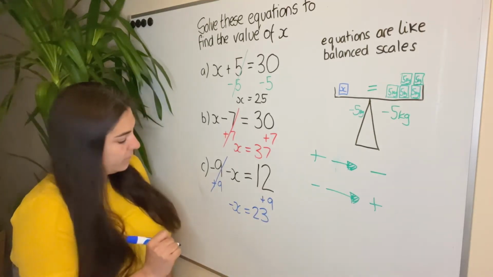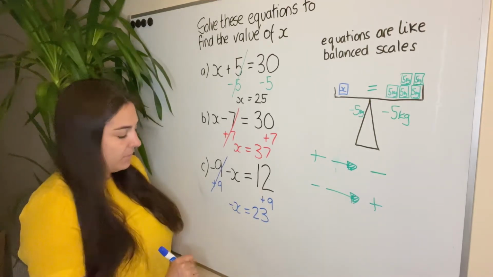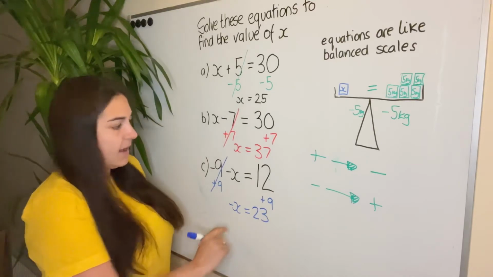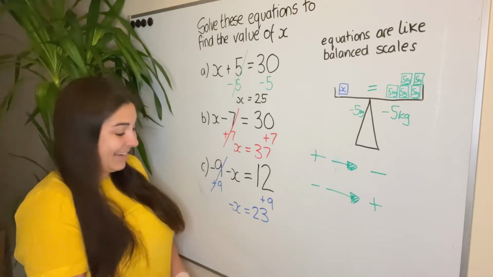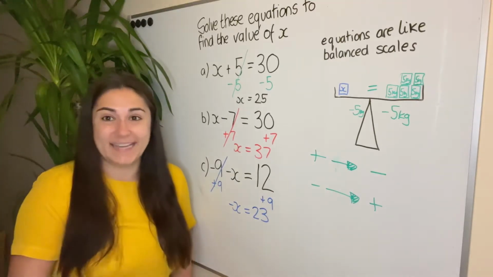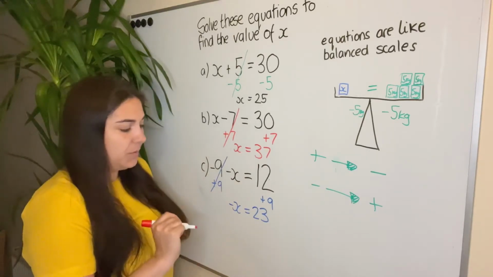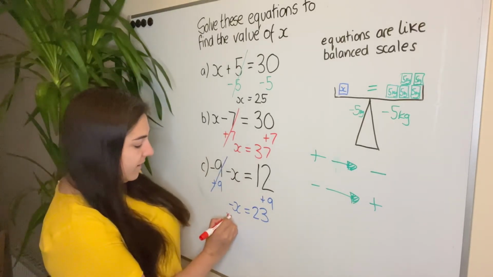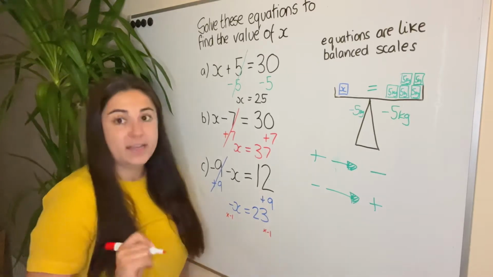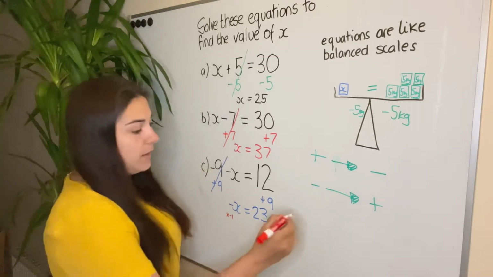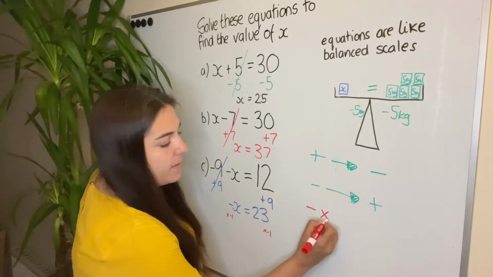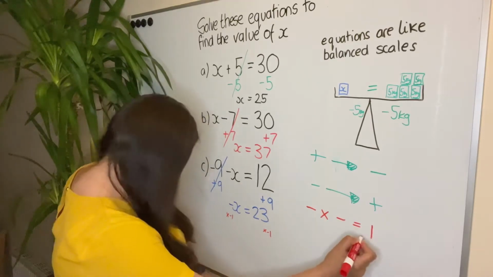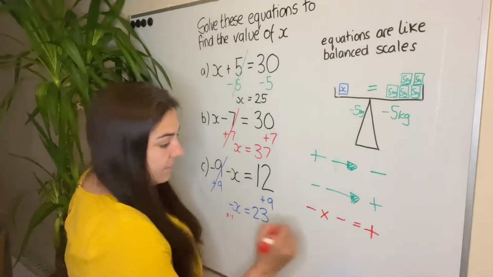And now what do I have to do? This is where it gets a bit tricky. I have isolated x, but it's a negative, and you never want to leave your answer as a negative x. So what I can do is multiply both sides by negative 1. Now, if you've forgotten or you didn't know, when you multiply a negative by a negative, your answer always becomes positive.